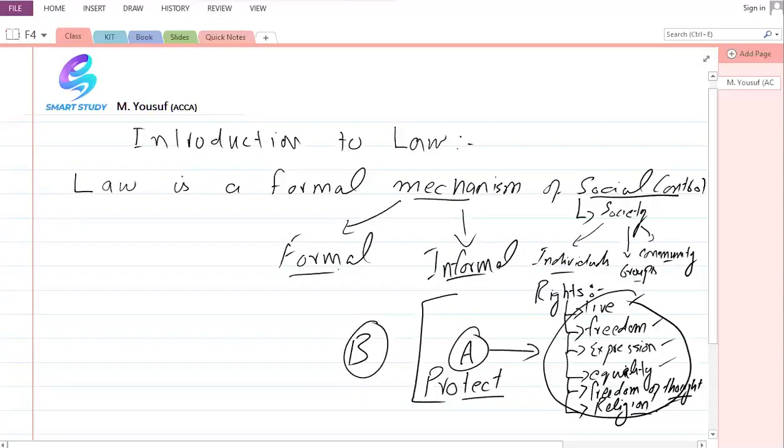Formal means that we are going to make rules, procedures, regulations.